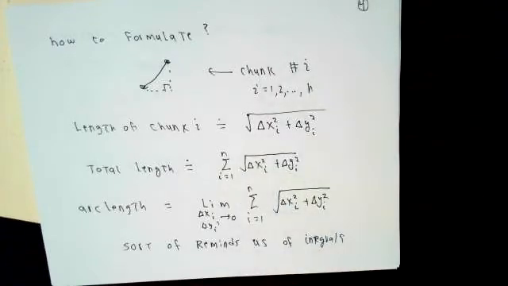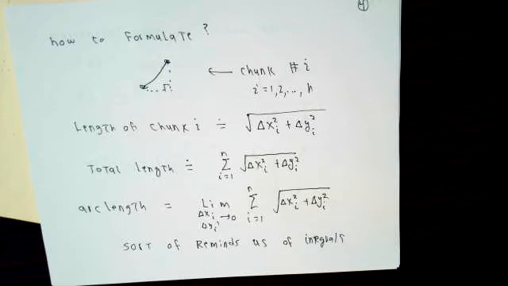The total length is going to be the sum of these individual lengths. This will approximate the total length of the curve. And then to get the arc length, I'll take the limit as the size of these chunks tends down to points in some sense or the other, which we haven't exactly specified yet.